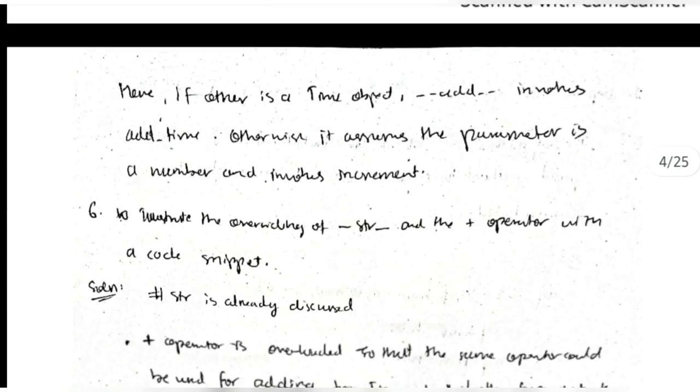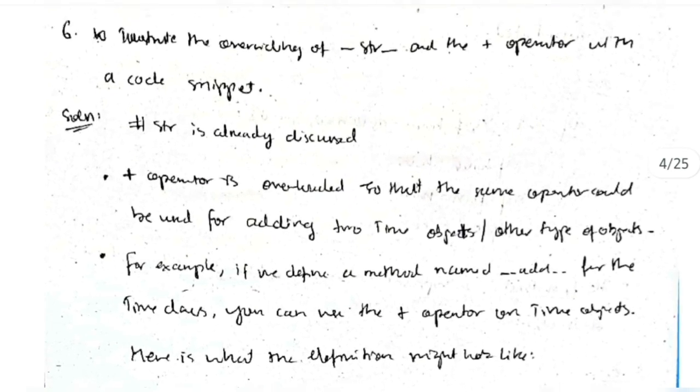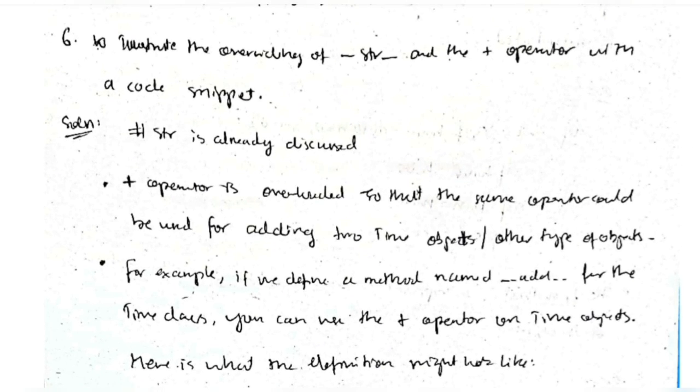Let's move on to the next one, which is: illustrate the overriding of str and plus operator with a code snippet. Str means string, which we have discussed. If you have an object here and it has some data variables, we want the representation of those data variables to be printed. Here it is int age, int roll number and string name.